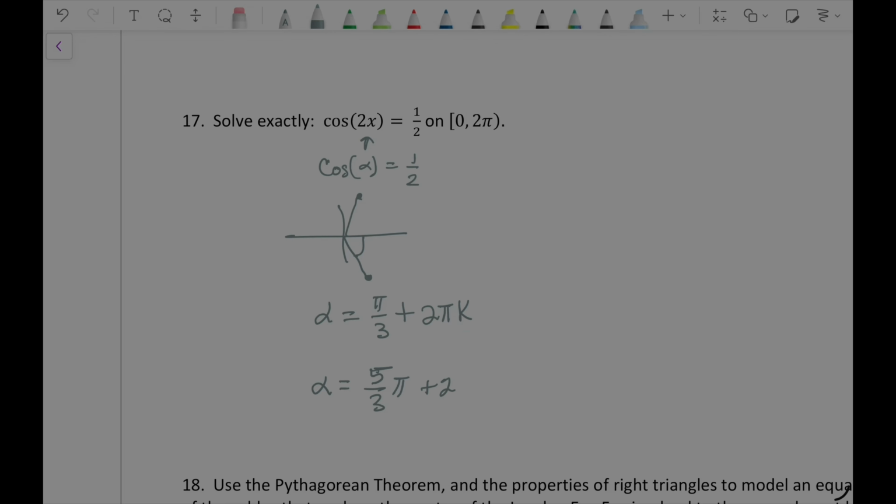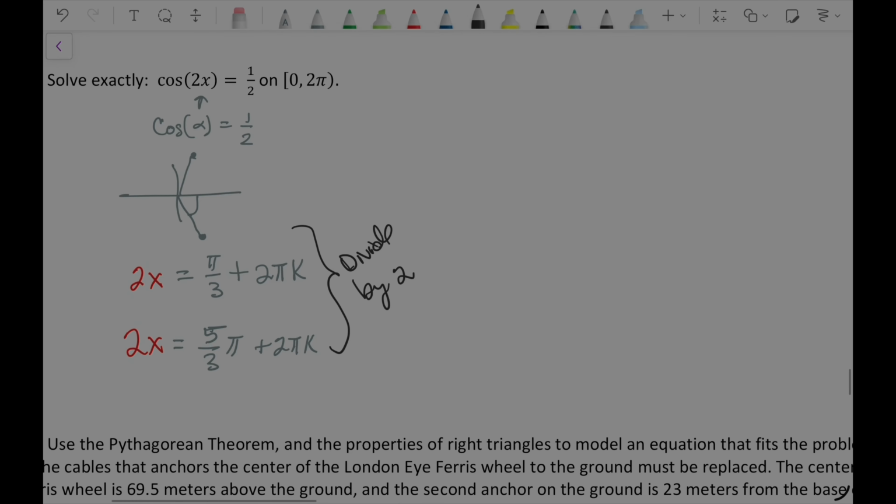Now, it really wasn't alpha, so let's think about what that meant for our original problem. This was really 2x that equaled that, and 2x that equaled that, which means I need to divide both of these by 2. The reason I'm doing that is so that I get x by itself.